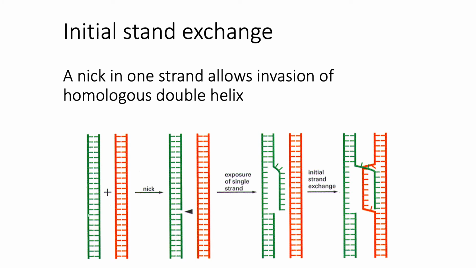Okay, so a nick in one strand allows invasion of the homologous double helix. Nick is what we call when one of the strands has a break in it but not the other.